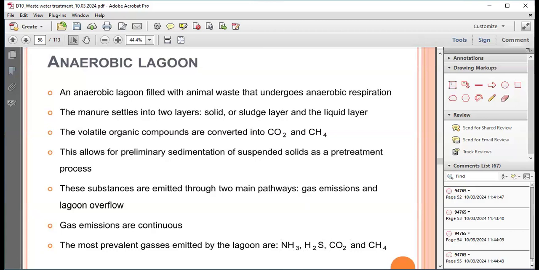Next is ammonia and hydrogen sulfide. Where is it produced? Simply, an expired egg produces this gas.